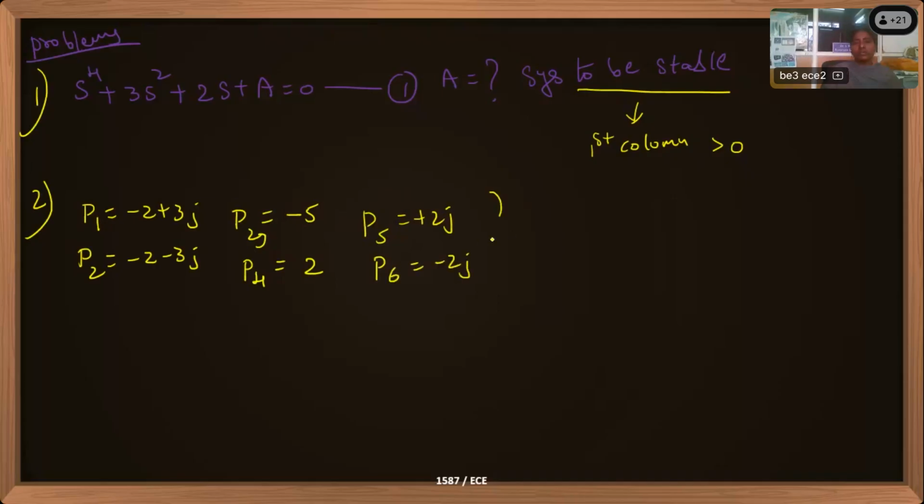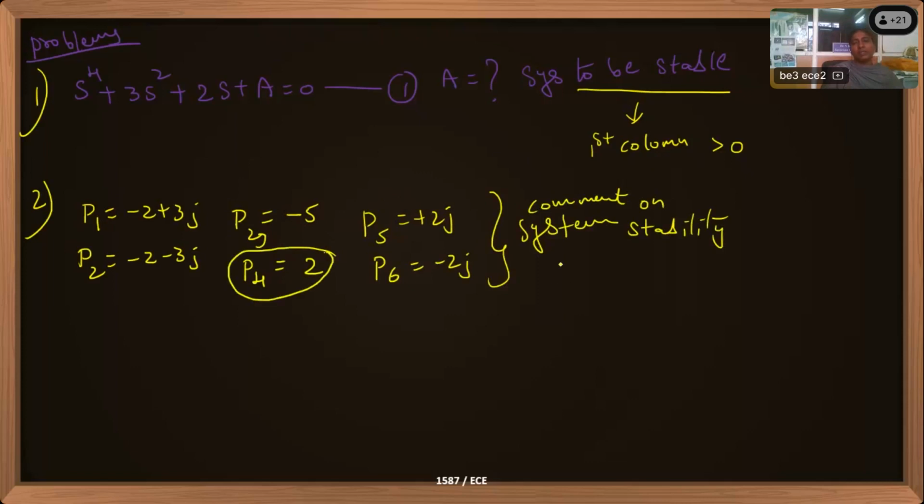Now comment on the system stability. Here, in this set of poles you have at least one pole on the RHS, so you have to conclude the system is unstable.